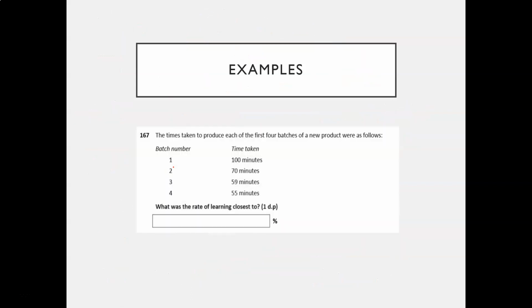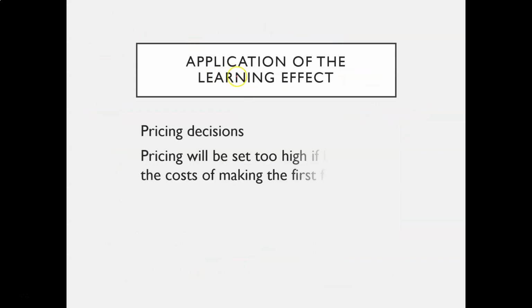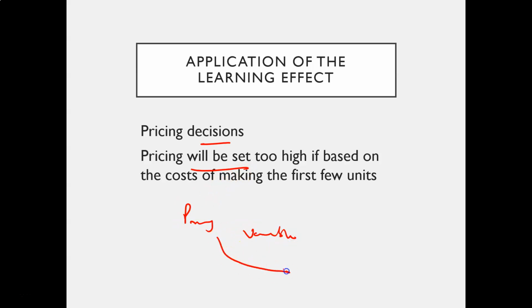Okay, great stuff. Sorry, let me just finish off. So again, what are the applications here? Well, pricing. We can really see what's going on with pricing now. Typically we base pricing on our variable costs, but we can see the variable costs are falling gradually.